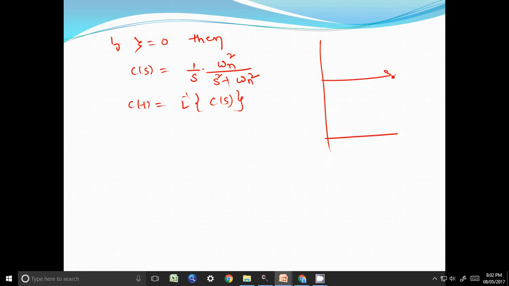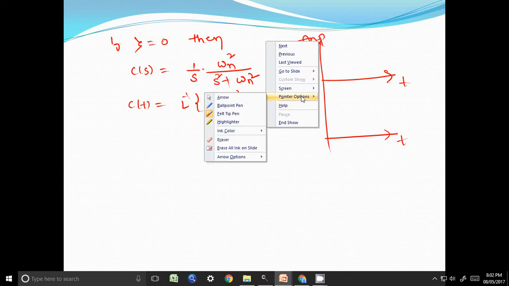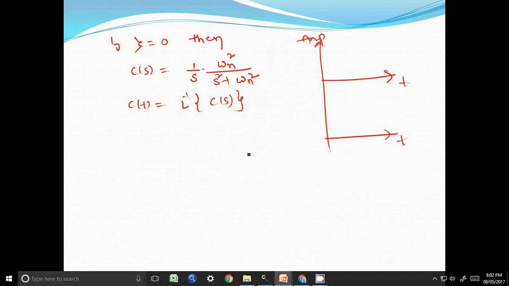This is the time axis and this is amplitude. This is the unit step input. Then your output is like this.